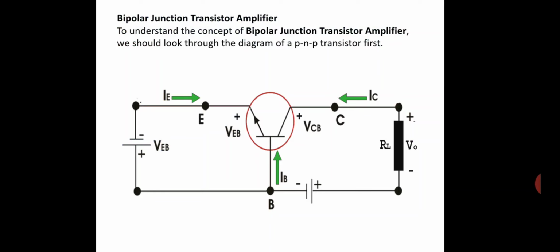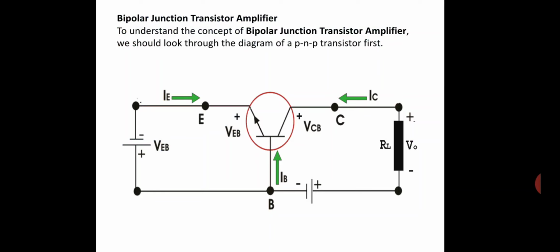The main function of the collector is to collect the charge, and it has heat dissipation capacity. And the base provides the support for the flow of charge from the emitter to the collector.